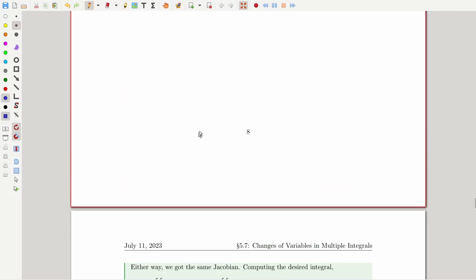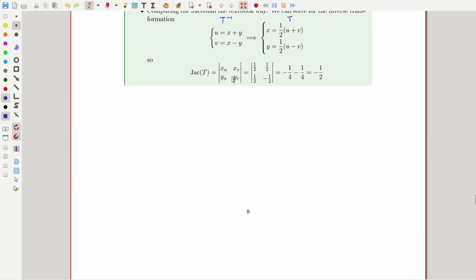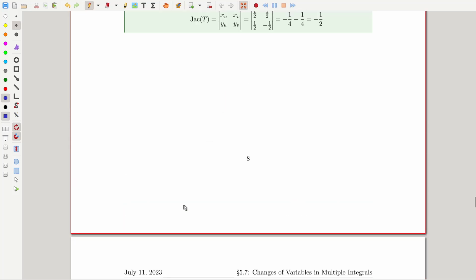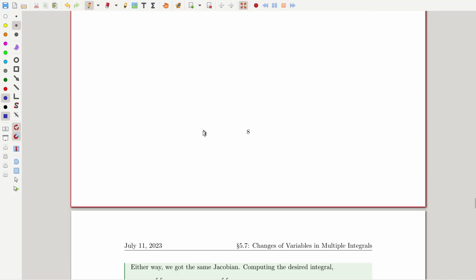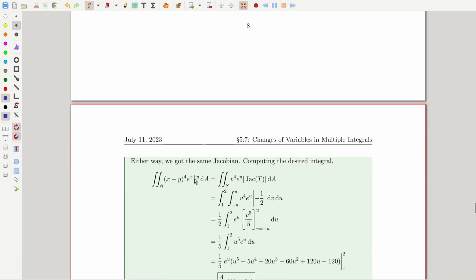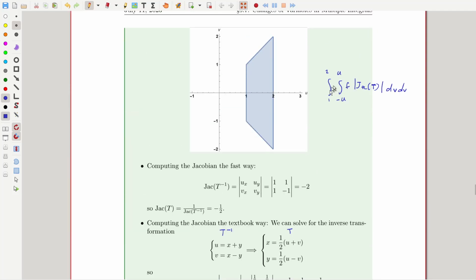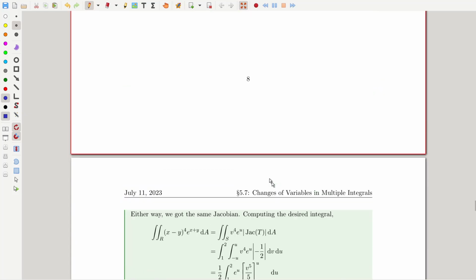So when we convert the function to the uv plane, notice that x minus y is v, so this ends up being v to the fourth, and x plus y is u, so we have e to the u. And then we have the Jacobian, we have a double integral over s. This integral is happening in the uv plane now, whereas this was in the xy plane. And you'll notice that these bounds are the same as what I described here in order to integrate over this trapezoid.